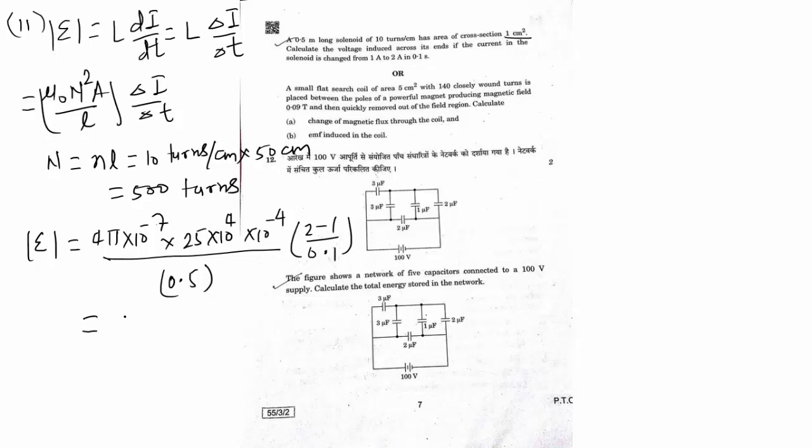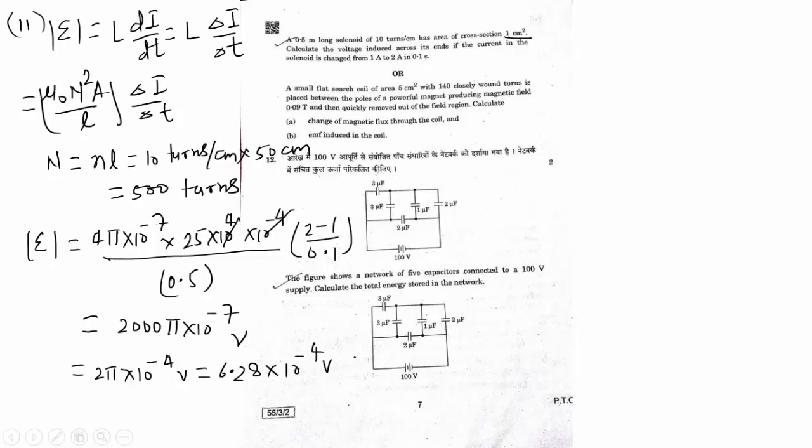This comes out to be 2000 pi into 10 to the power minus 7 volt, as these cancel each other, is equal to 2 pi into 10 to the power minus 4 volt, which is equal to 6.28 into 10 to the power minus 4 volt.